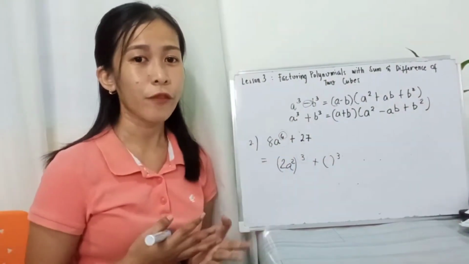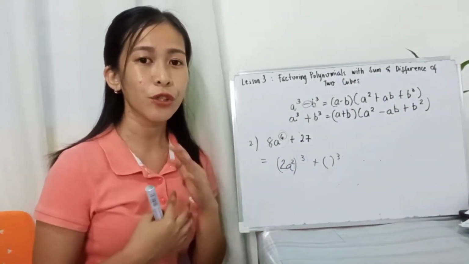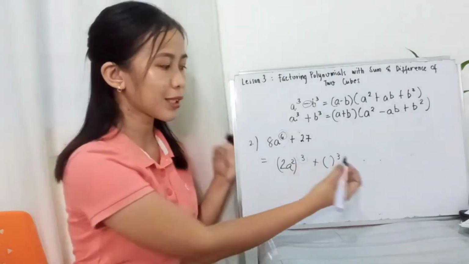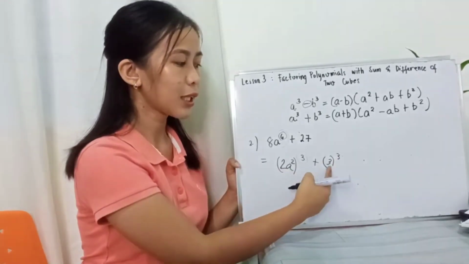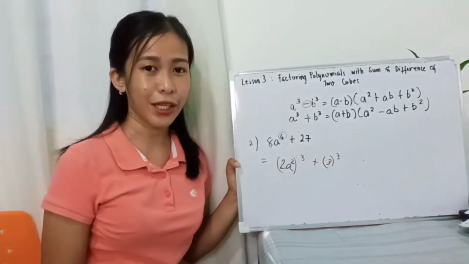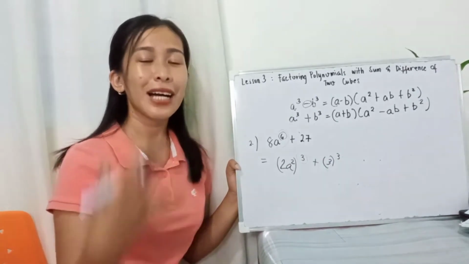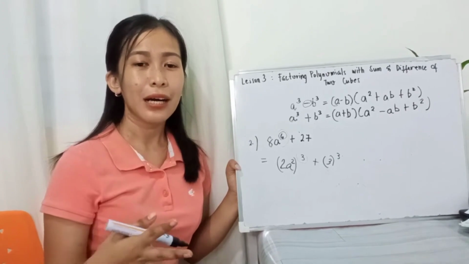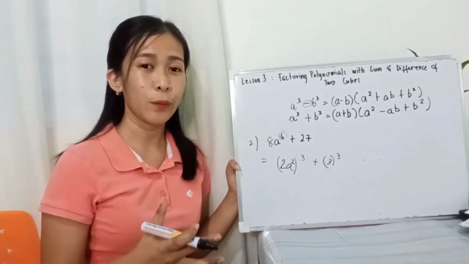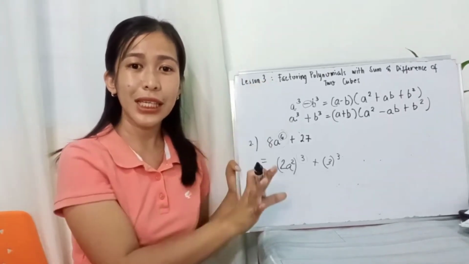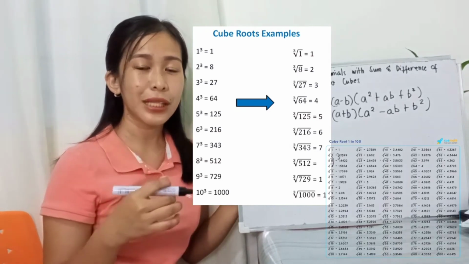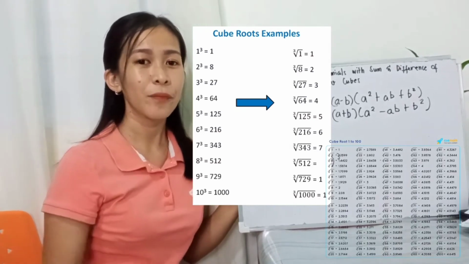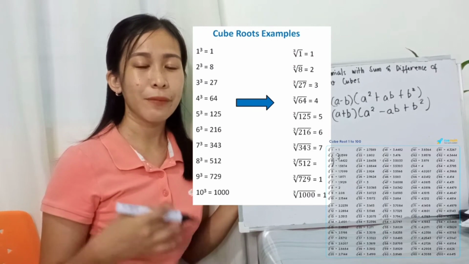Okay? So, si 27, kung alam niyo yung pinaka-root or cube root ni 27, of course, that is 3. Kasi 3 raised to 3 is 27. Right? So, kaya nga sinasabi ko sa inyo na kailangan alam niyo din kung paano ba nagwo-work si perfect cube. Okay? So, maglalagay ako dito ng list ng perfect cubes. Ayan. So, para may idea kayo kung ano-ano ba yung mga numbers na mayroong perfect cube.